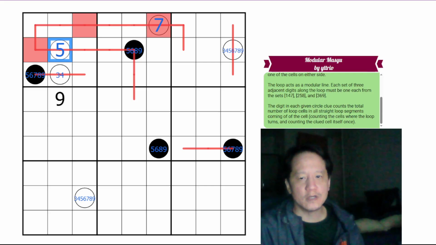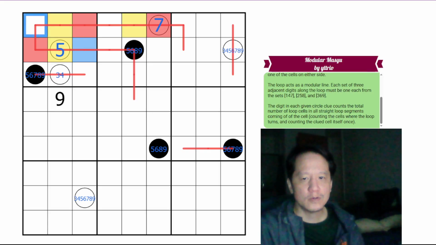This is yellow then. Forces this to be yellow, this to be yellow. That means these are blue. We have blue here, blue here. This is yellow. This has to be yellow here then.